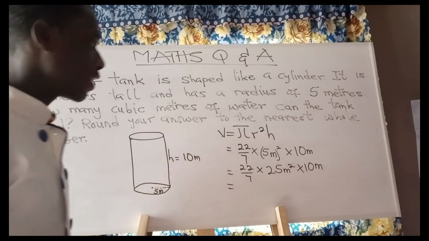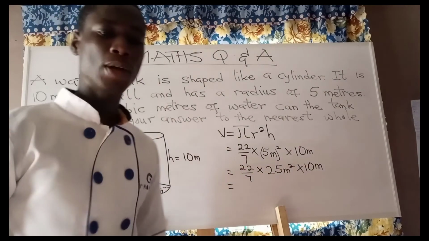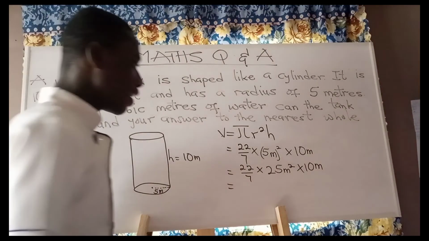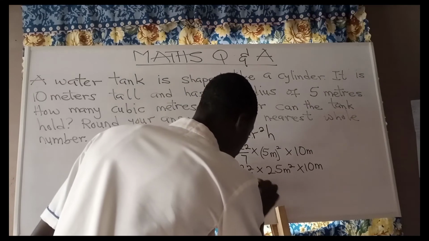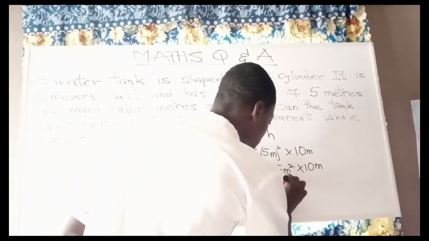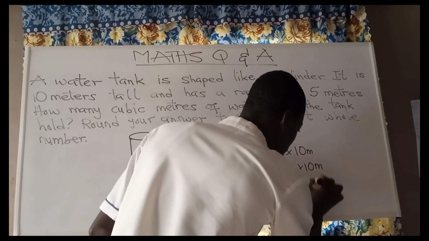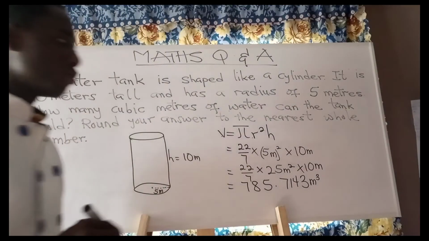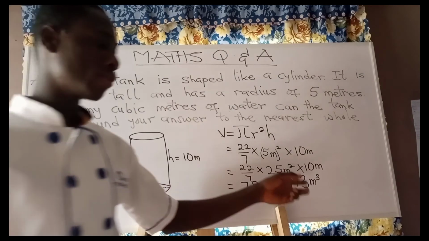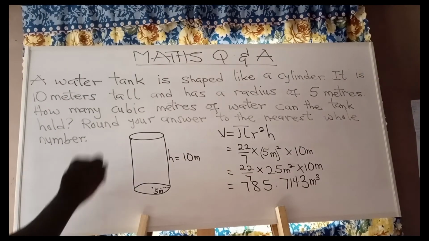So 22 divided by 7 multiplying 25 meters square multiplying 10 meters gives you 785.7143 meters cube. So that becomes our answer, 785.7143 meters cube.